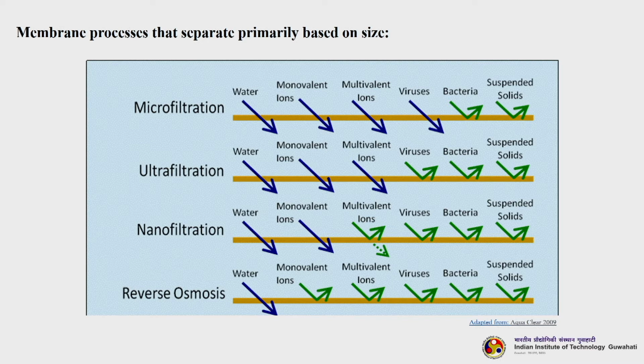So, what we understand from this slide is that as we move from microfiltration to ultrafiltration, then nano to reverse osmosis, the pore size of the membranes decreases. Since the pore size decreases, all these processes will need more delta P. That means, more transmembrane pressure is required so that it will give the desired separation.